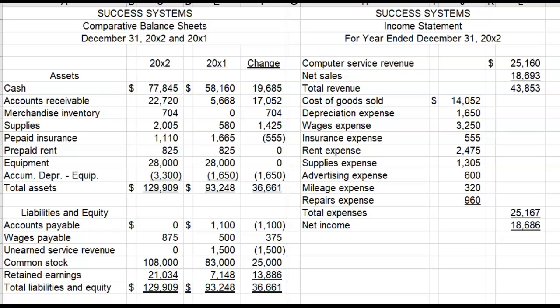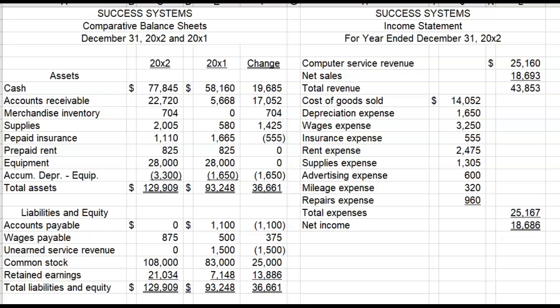In these videos, we will cover the calculations necessary to determine cash inflows and outflows to be included in the operating activities section of a statement of cash flows prepared under the direct method. You will also have an opportunity to practice preparing a complete statement of cash flows under the direct and indirect methods. So let's get started.